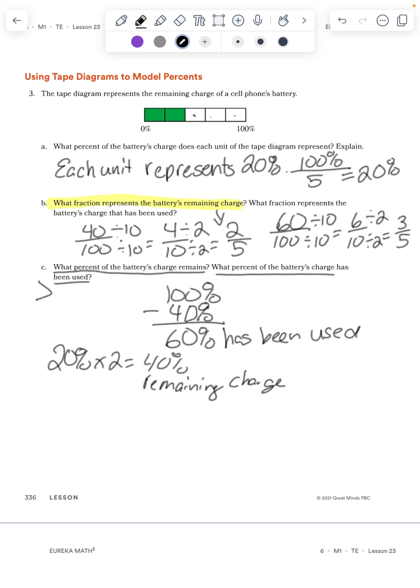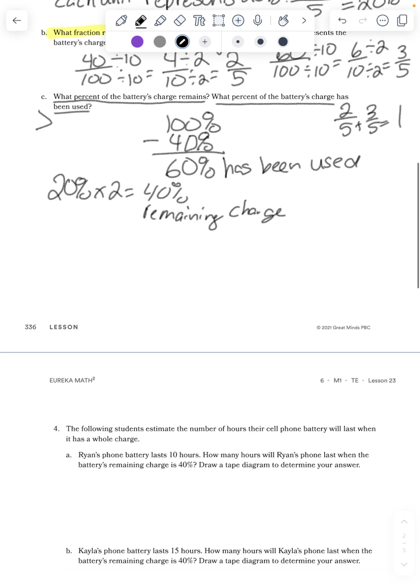We know this is true because 2/5 plus 3/5 gives us 1 whole. The sum has to add up to 1 whole because it's 100%. If we fully charge the battery, we'd be at 100%. So that's one way you can check your answer for those types of problems.